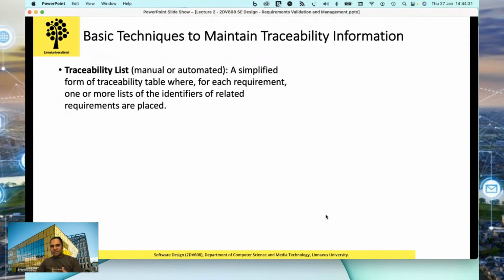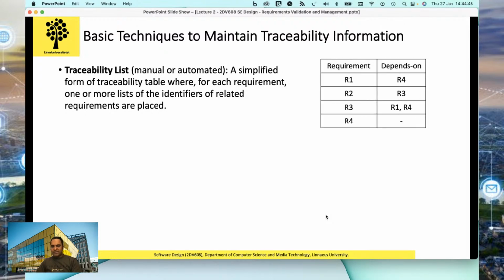So to manage large requirements, or to trace the requirements more efficiently, there is another way, that is a traceability list that basically keeps a list of the requirements and only stores the information that has some dependencies. In that way, you not only save memory, but also you save lookup time for this traceability information.